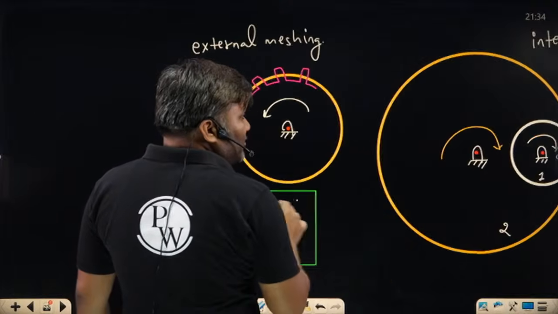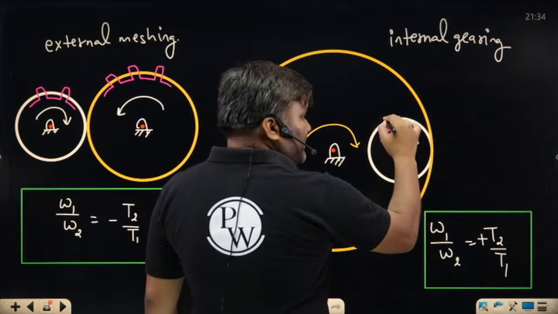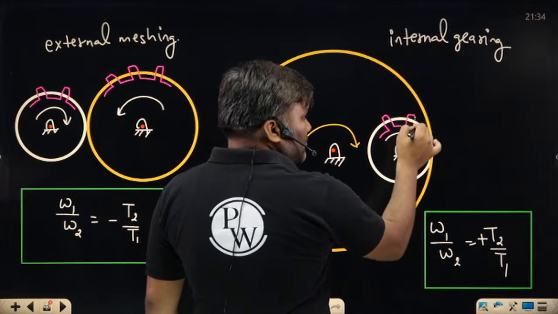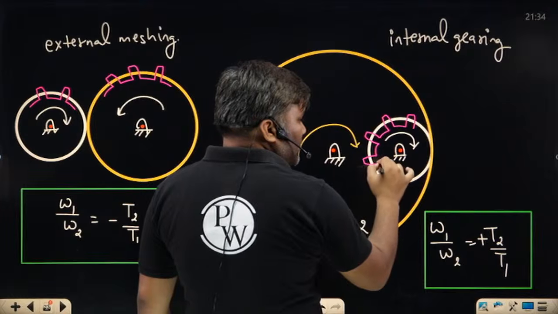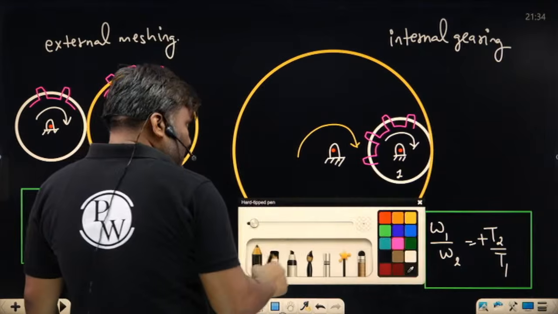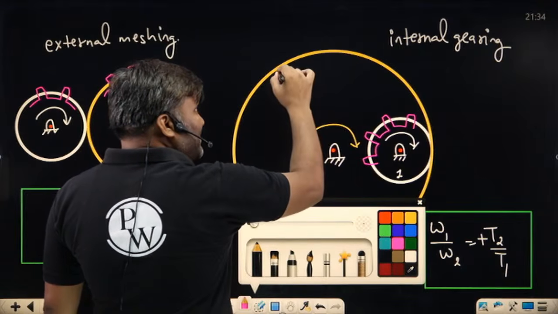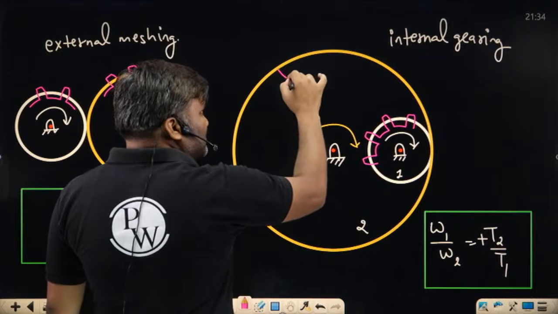On the other hand, if you are talking about this case, so one gear will be having external teeth. This gear, a smaller gear, is having external teeth. The other gear, it will be having teeth inward direction में.